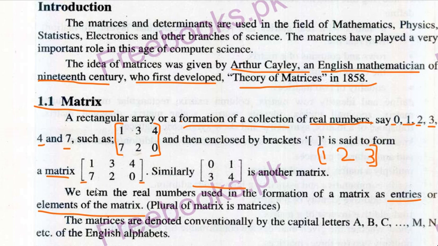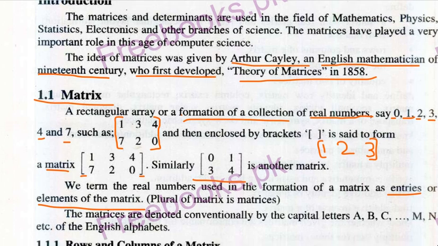If I ask what the entries of this matrix are, you can say that 1, 3, 4, 7, 2, 0 are the entries of this matrix. Similarly, the elements of this matrix are 0, 1, 3, 4. Clear? Okay, come to the next.